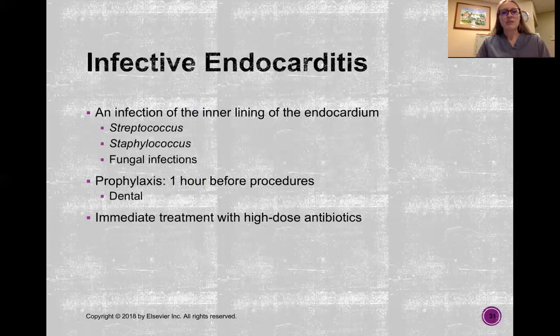So any valvular abnormality is going to require education to prevent endocarditis.